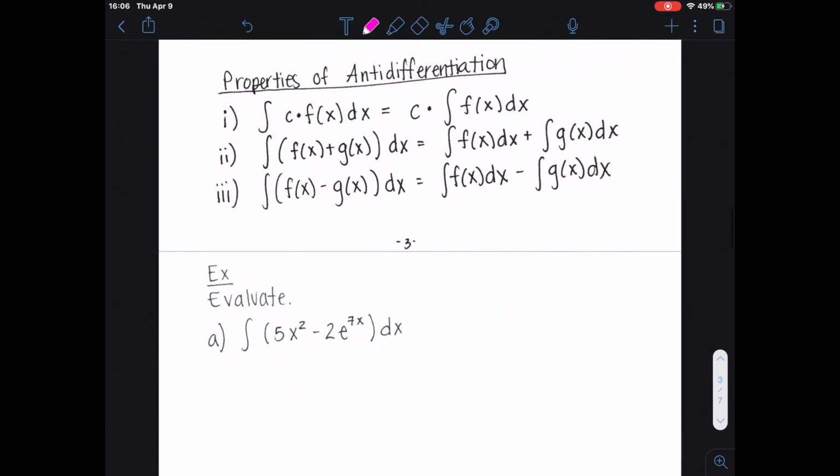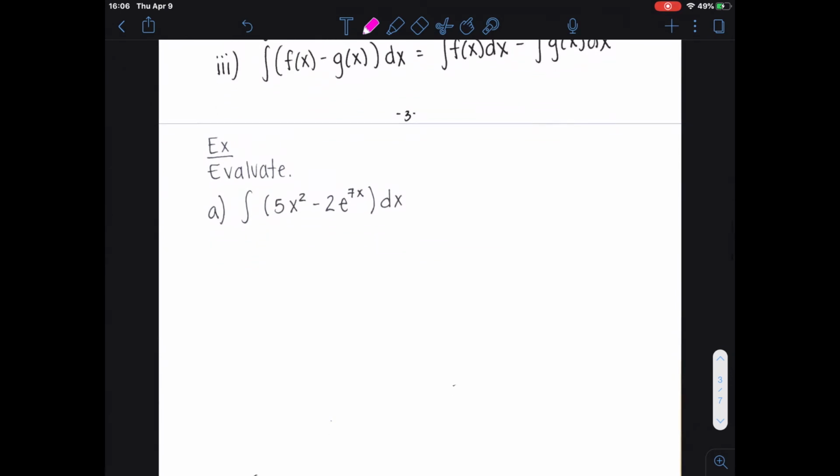So let's go ahead and evaluate a couple different antiderivatives. First one we're going to go through, I'm going to add more steps than you need to, but just while you're getting in a process, feel free to go through this. I've got two different functions that are being added together, so we can write it as the integral of the first one minus the integral of the second. And then you can pop the constant out of each. So we can take out the 5, we can take out the 2, and find each antiderivative separately.